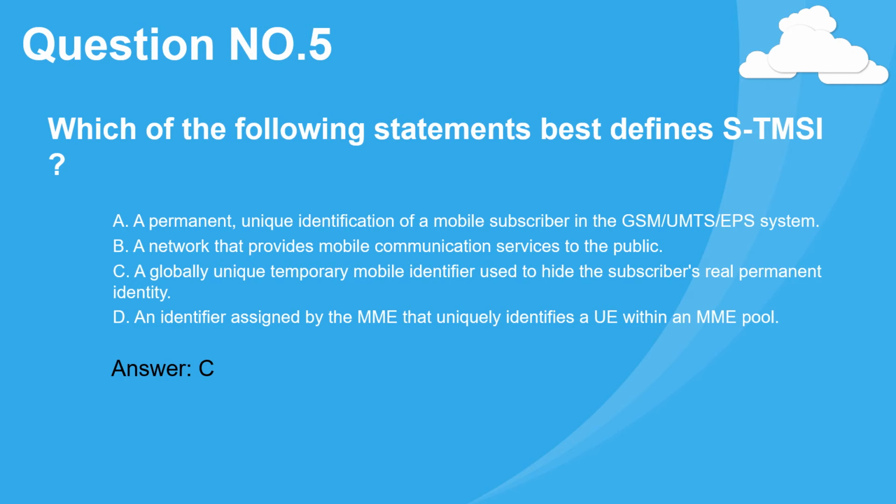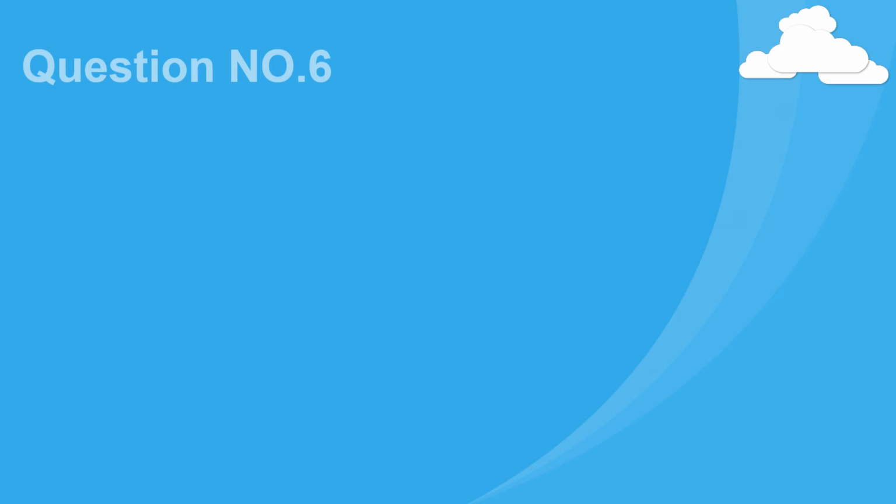C. A globally unique temporary mobile identifier used to hide the subscriber's real permanent identity. D. An identifier assigned by the MME that uniquely identifies a UE within an MME pool. Answer: C.